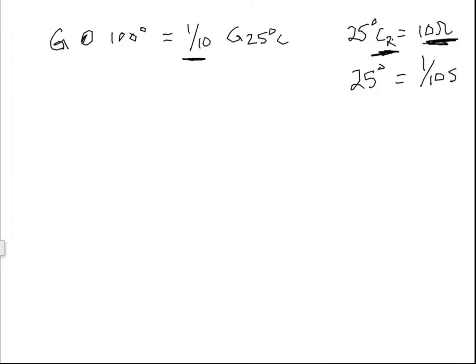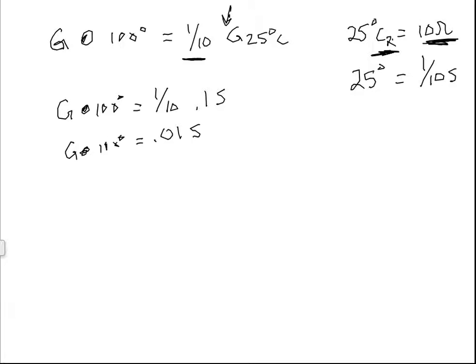So we can then just stuff that in here. So the conductance of the wire at 100 degrees equals 1/10 of 0.1 Siemens, or equals 0.01 Siemens.